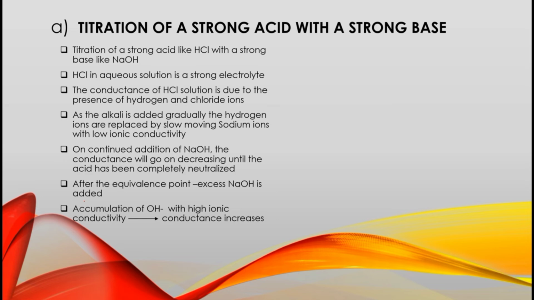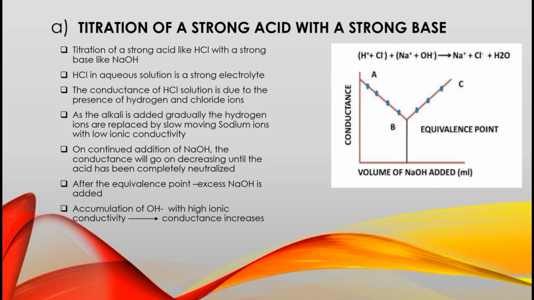Titration of a strong acid with a strong base. Titration of a strong acid like HCl with a strong base like NaOH. We know that HCl in aqueous solution is a strong electrolyte. The conductance of HCl is due to the presence of hydrogen and chloride ions.